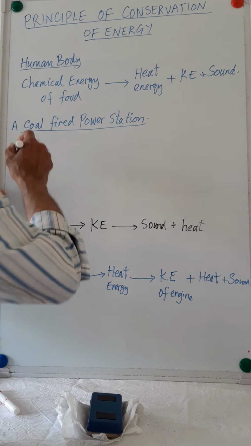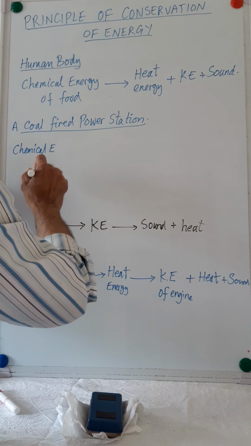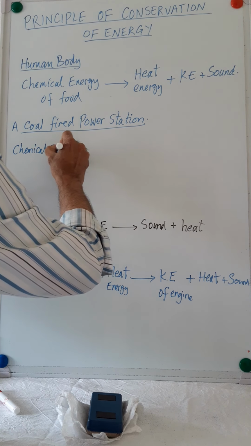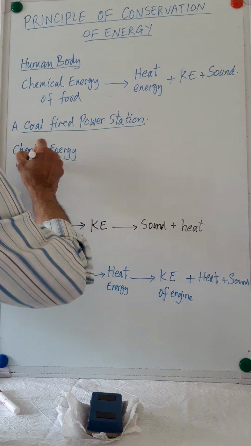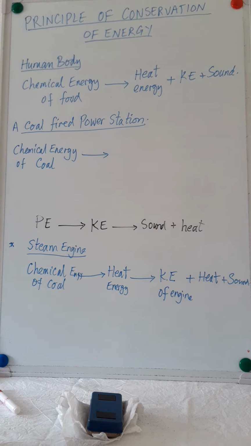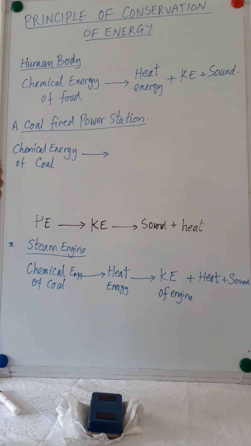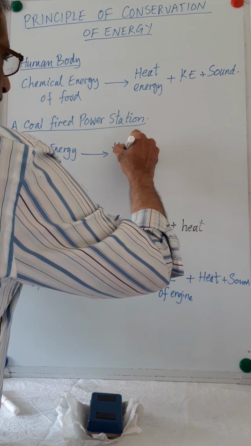So we say that the chemical energy of coal is converted into heat. When we burn the coal, it produces heat energy.